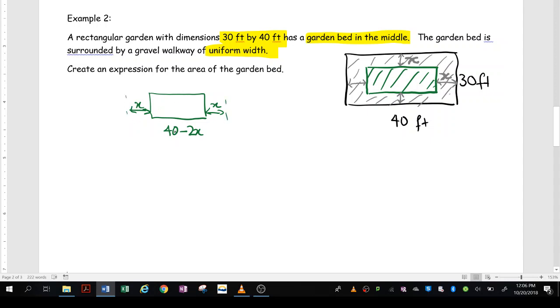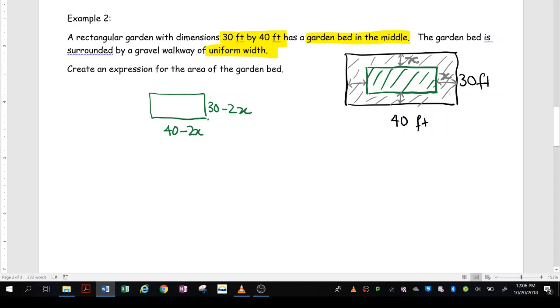So 40 minus 2x gives us that inside length. Now let's look at the width. The width of the larger rectangle was 30, and on either side was x, so again 30 minus 2x is the dimension of the width of the garden bed.